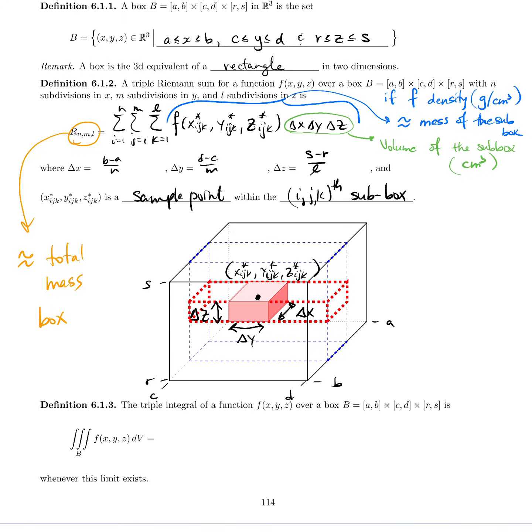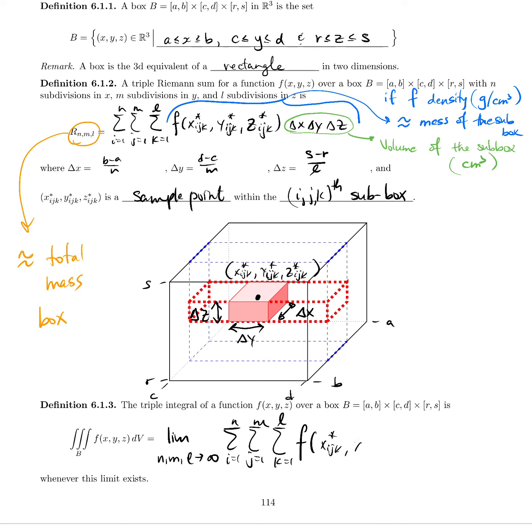So we are going to take the limit as the number of subdivisions, so as n, m, and l go to infinity, of this triple sum, i is 1 to n, j is 1 to m, k is 1 to l, of f(x_{ijk}*, y_{ijk}*, z_{ijk}*) delta x, delta y, delta z.